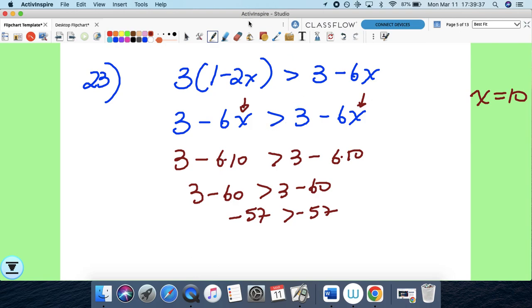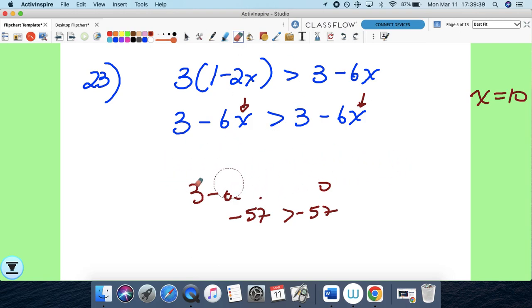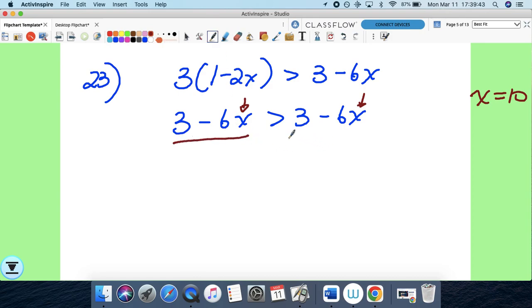What you already know by now is that you're doing exactly the same thing on the left as you're doing on the right side. So you're going to get the same value here as this value. But because they're the same value, guess what? The left side will never be greater than the right side. It's the same exact number.